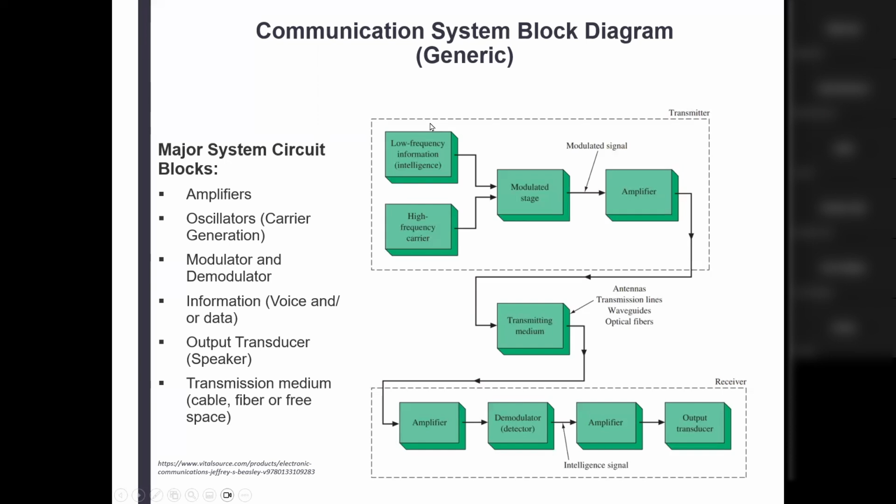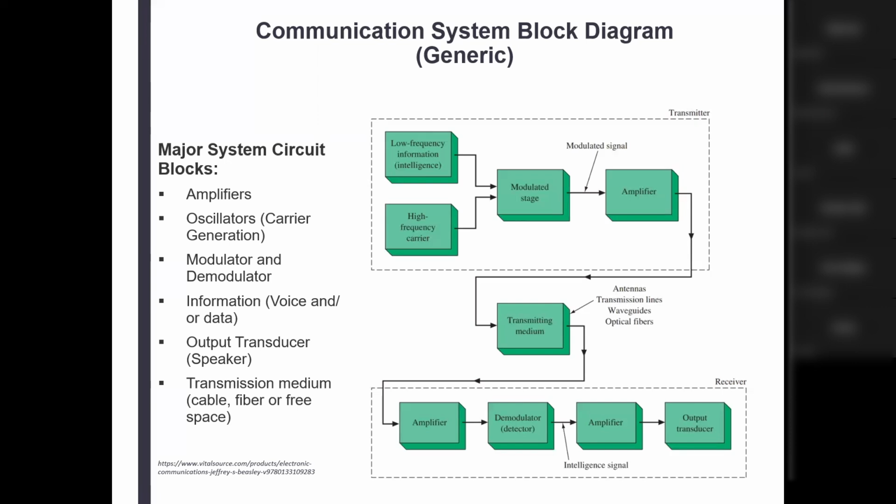It's not drawn here, but you could see here it shows output transducer. Quite often you're going to also have some sort of an input transducer. What is a transducer? It's a very mysterious sounding word. A transducer is a device that converts one form of energy into another.